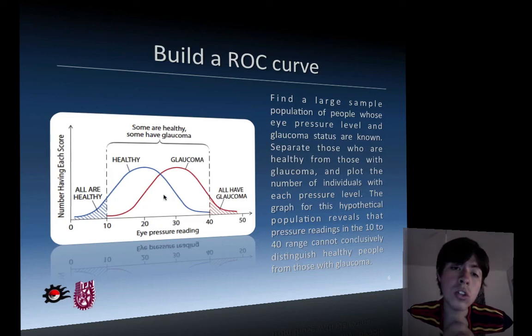If we pay attention to this plot, on the far left side we see some portion of the blue curve which doesn't overlap with the red one, meaning that all people beneath this blue curve here are healthy. And on the other hand, on the right-hand side, the red curve doesn't overlap with the blue one, meaning that all people beyond 40 on the eye pressure reading have glaucoma. And this is the start of the curve.